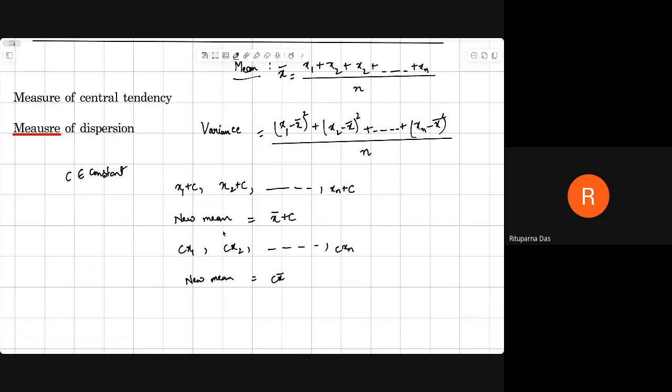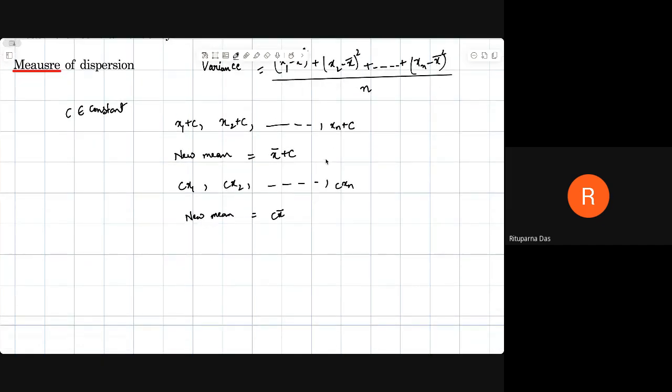In case of variance, one second. Yes. In case of variance, when adding a constant it will remain same, which I said before. The new variance will be equal to the old variance.